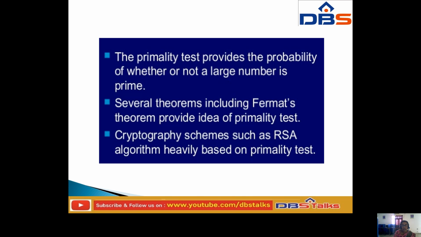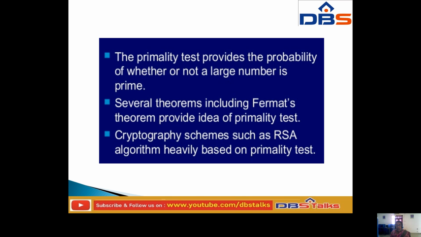Next, this is the primality test. Here, the primality test provides the probability of whether a large number is prime. There are many types of prime numbers, and when it comes to large values, there is not a definite set, it is an infinite set of prime numbers.